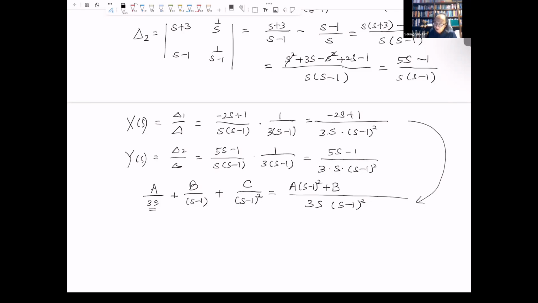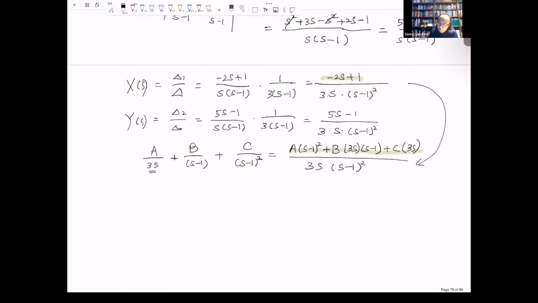Plus B: for B, I have s minus 1 in my denominator. What's missing? Missing 3s and s minus 1. Plus C: for C, I have (s minus 1) squared. What's missing? Just 3s. Now, we're going to compare this numerator with this numerator.